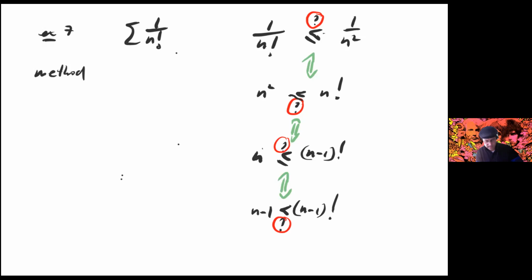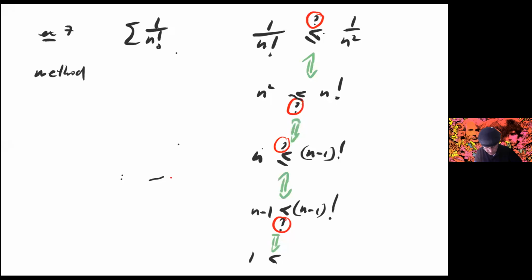But we could divide both sides by n minus 1 factorial, and we get 1 is less than n minus 2 factorial. Now you could just check, n minus 2 factorial is easily determined.